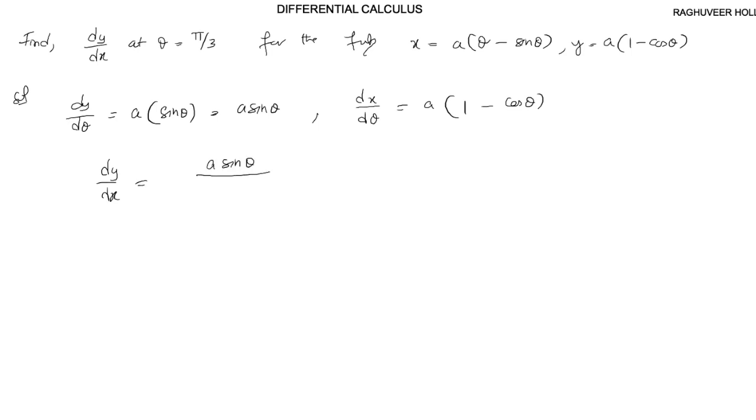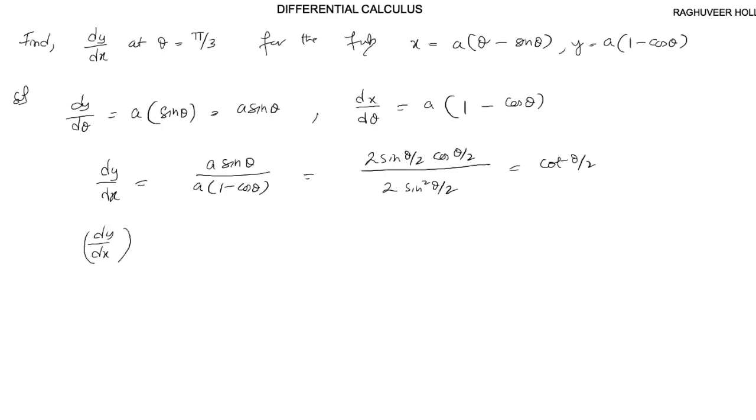So dy by dx will be a sin theta by a(1 minus cos theta). Now sin theta can be written as 2 sin theta by 2 cos theta by 2, and 1 minus cos theta is 2 sin square theta by 2, so this is cot theta by 2.